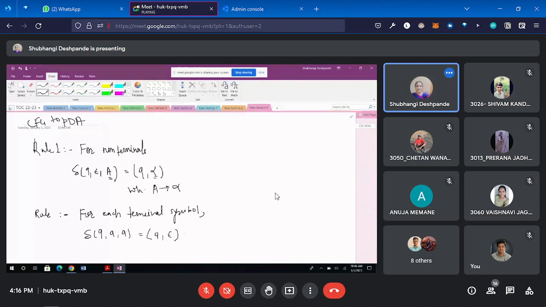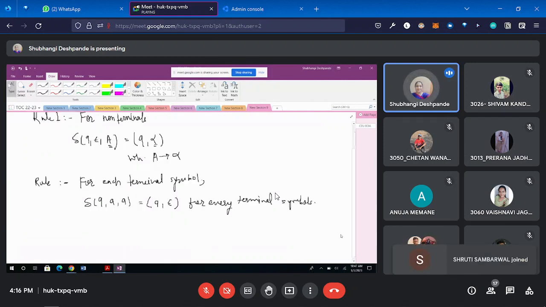Because it indicates that there will not be any kind of substitution for terminals. So these two rules we are going to follow for converting CFG to PDA.